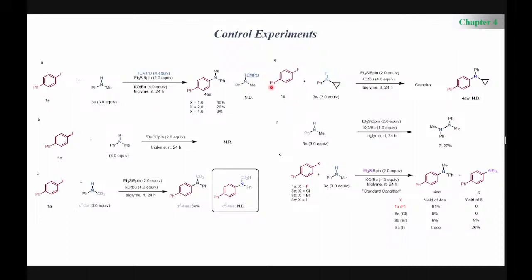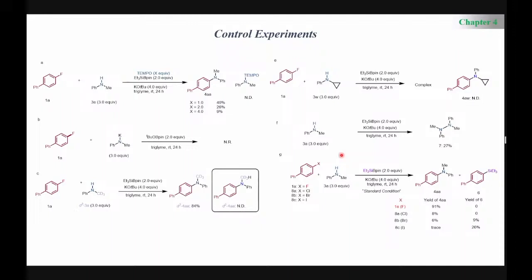Instead this aryl fluoride was almost recovered, and this cyclopropylaniline disappeared, giving a complex mixture. When the reaction of methylaniline was conducted without aryl fluoride, we got 27% yield of hydrazine due to the dimerization of this methylaniline radical. These control experiments indicated that this reaction proceeds via a radical pathway.